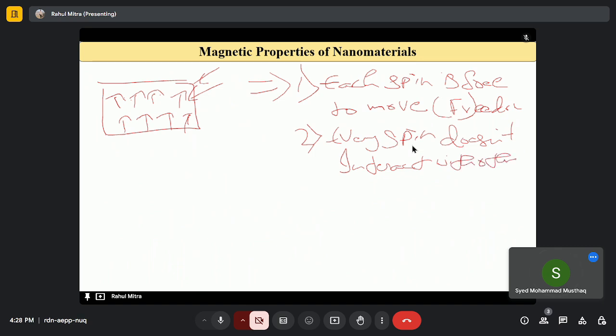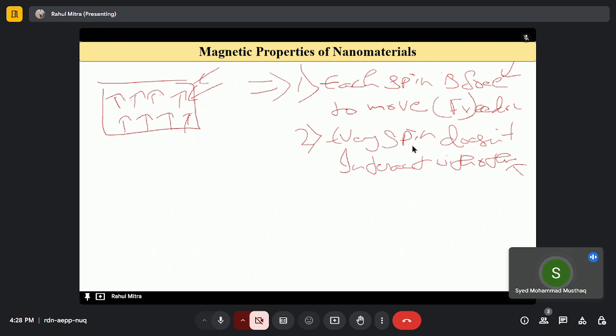So, let me tell you again what the assumptions in paramagnetism are. Each spin is free to move, and no spin interacts with any other. So, currently we are talking about non-interacting spins. Ideally, that is not the case in ferromagnetism or other systems. But to simplify and to understand that behavior, these two assumptions are important.